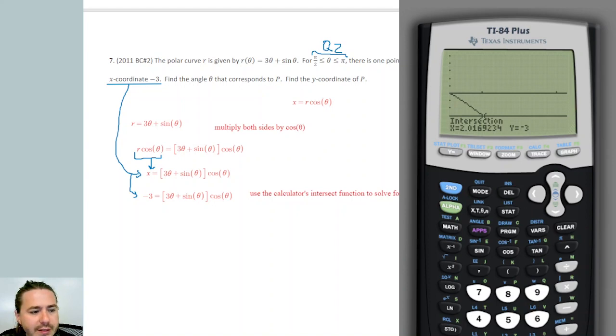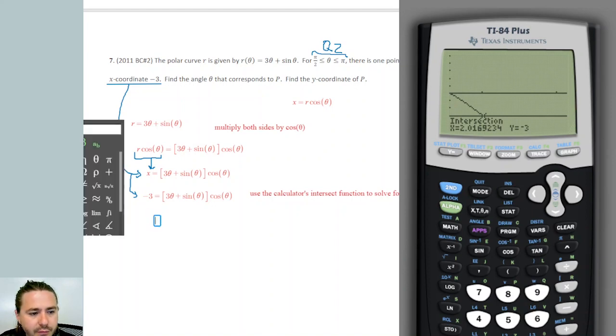I'm going to write that down. Theta is approximately 2.017. Then we can use that to find y, because y is r sine theta.